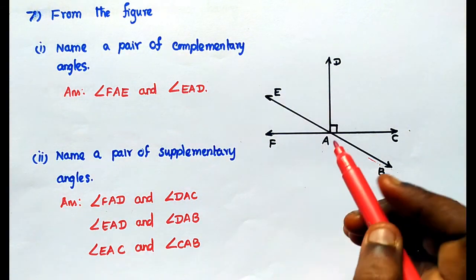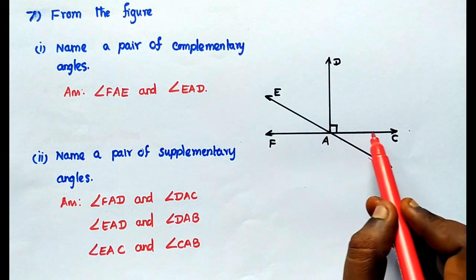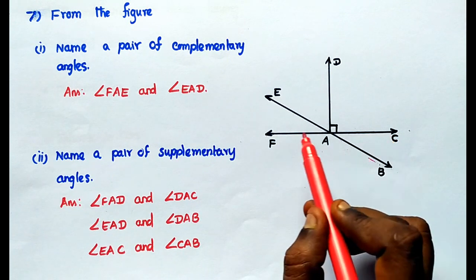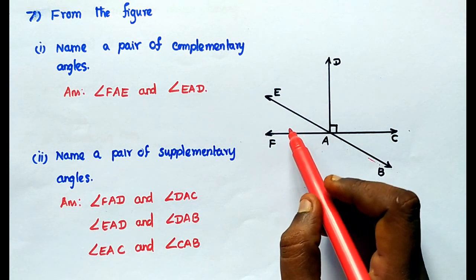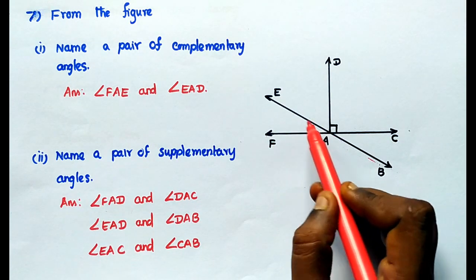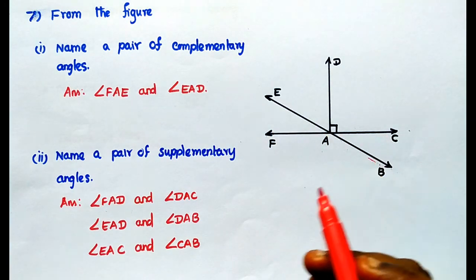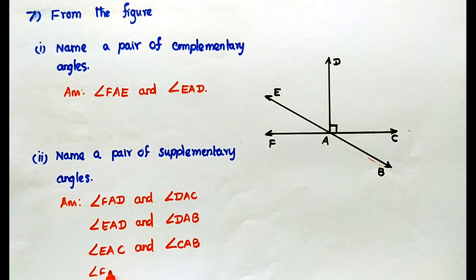Next one, this same angle split into next way, that is FAE and EAC. So that is the answer.